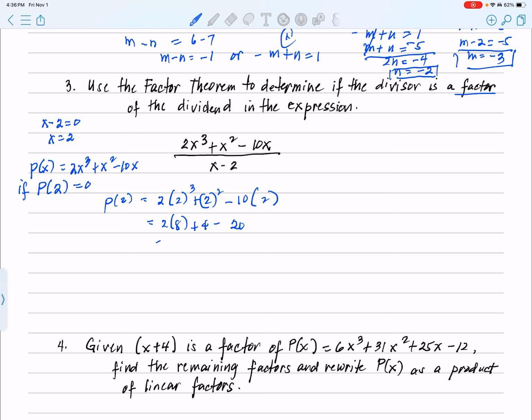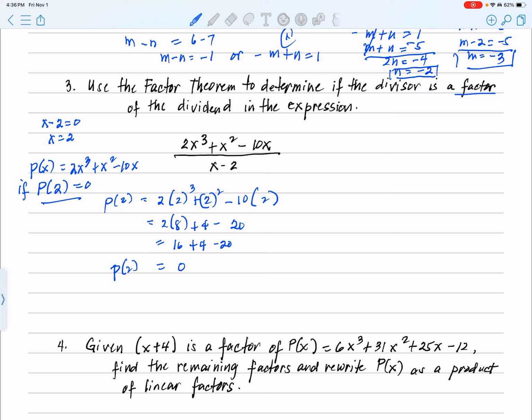So 16 plus 4 minus 20 equals 0. That means p of 2 equals 0.